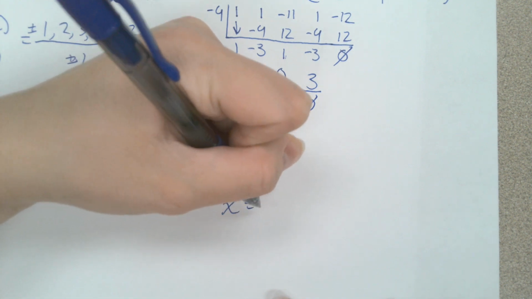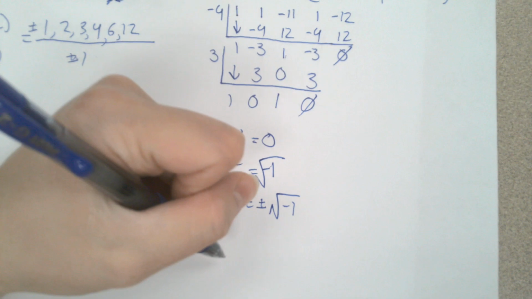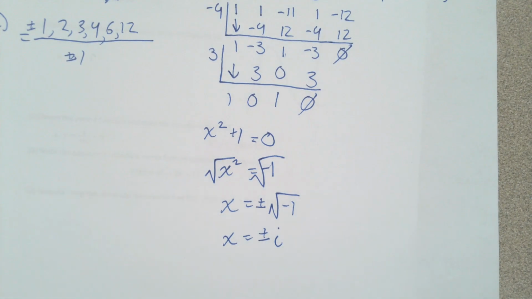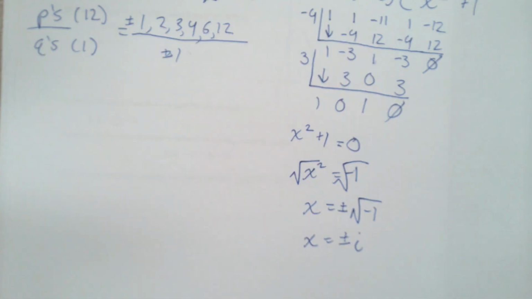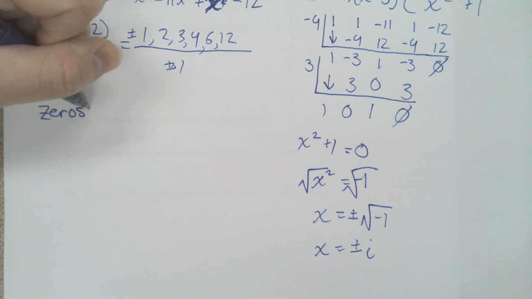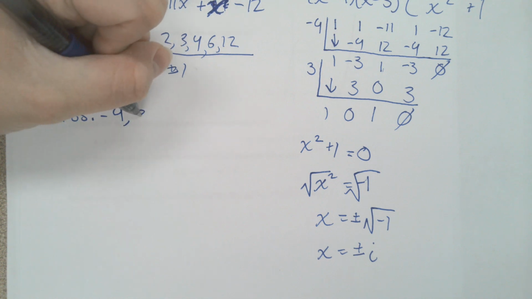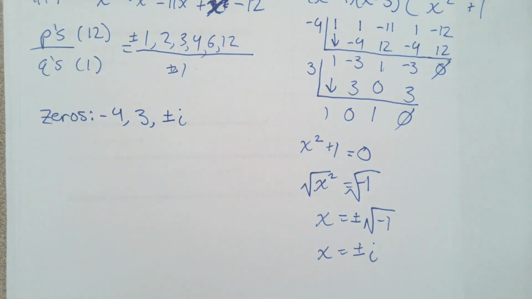This is x equals plus or minus the square root of -1. You should recognize the square root of -1 as i. So this is plus or minus i. So my roots, my zeros, are -4, 3, and plus or minus i. That is all of them.